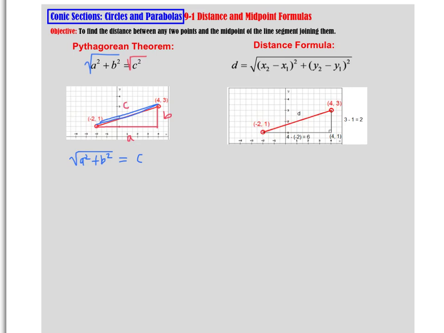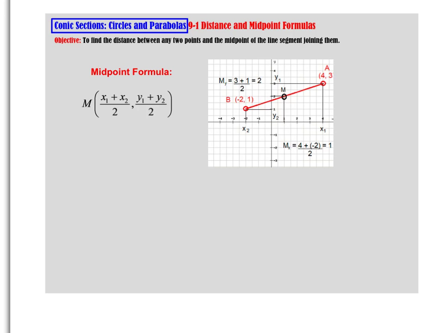The other formula we're going to review today is called the midpoint formula. It does exactly what it sounds like it does. It finds the point halfway between, or midway between, 2 points. As you would imagine, what we can do to find the point halfway in between is just average the points.